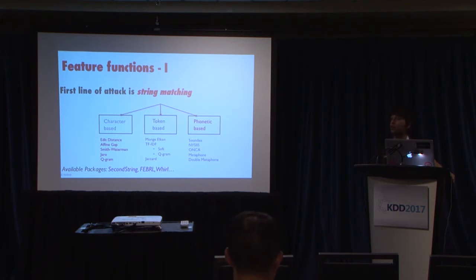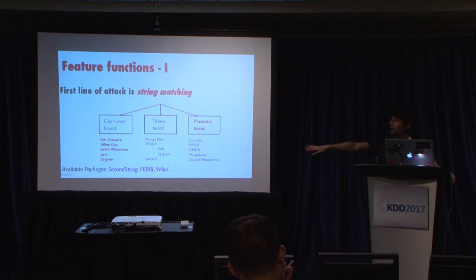But the phonetic ones would tell you that these two strings sound really similar when you speak them out loud, and there are algorithms for converting the string into a phonetic code, which you can then use for further comparison.